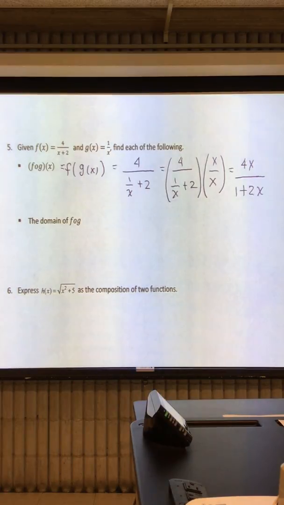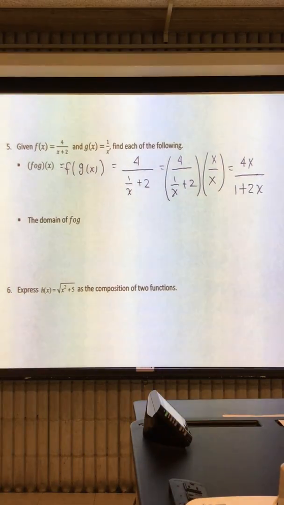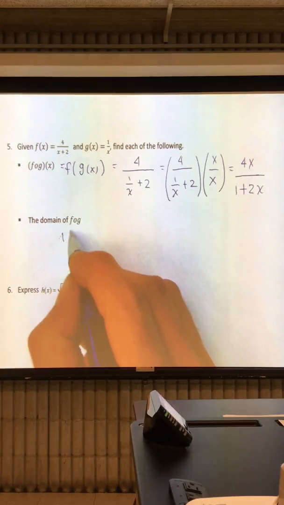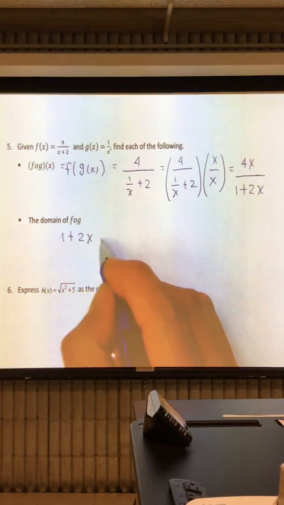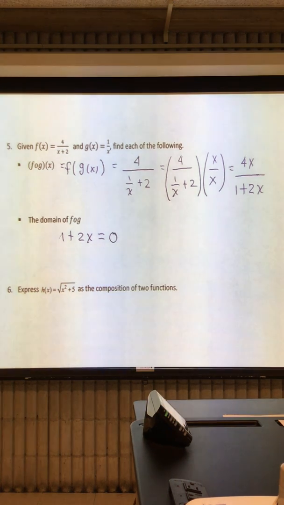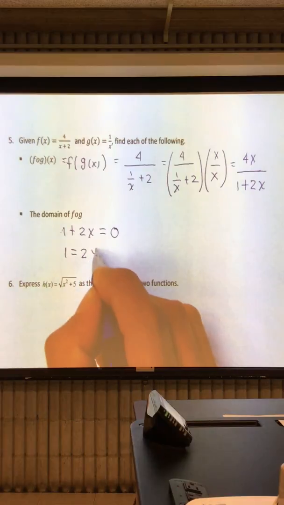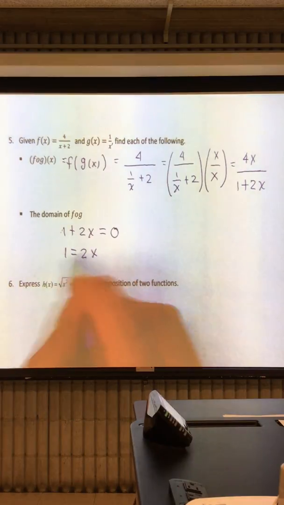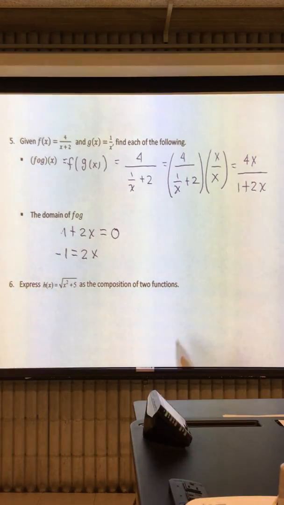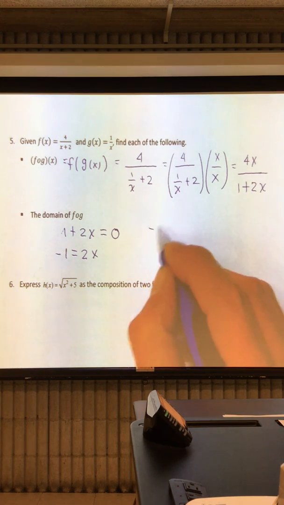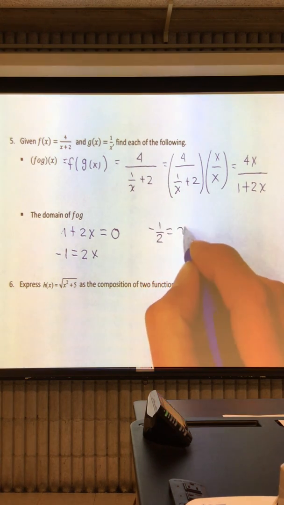Now find the domain of f of g of x. So the function we just found, we have a fraction, and the denominator cannot be 0. So first find the values of x for which the denominator is 0. So where 1 plus 2x is equal to 0, negative 1 is equal to 2x. So negative 1/2 is equal to x.